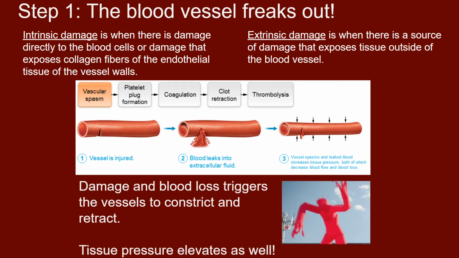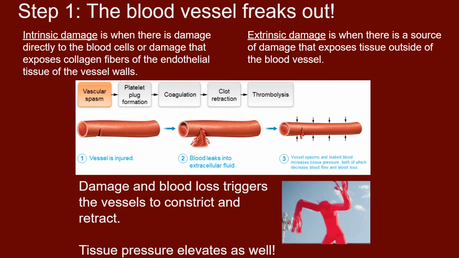The very first thing that must occur to activate the clotting cascade is damage. This damage could be intrinsic, where parts of the blood or blood vessels become damaged, or extrinsic, where tissue trauma occurs, exposing surrounding tissue to the blood plasma. Depending on which of these damages occur will determine which coagulation cascade will be activated. But because we're kind of blackboxing all the initial cascade clotting factors, let's take a look at what happens when damage occurs in general.